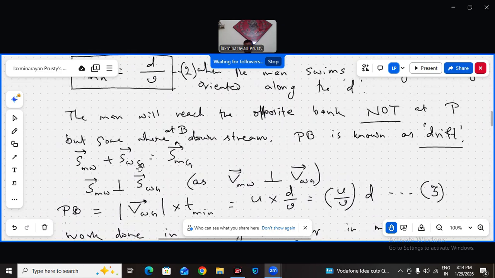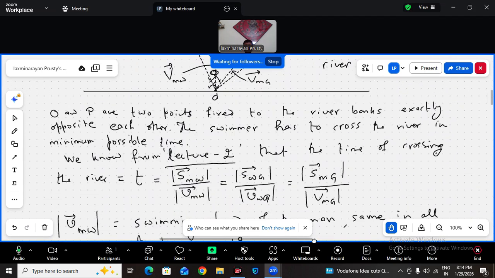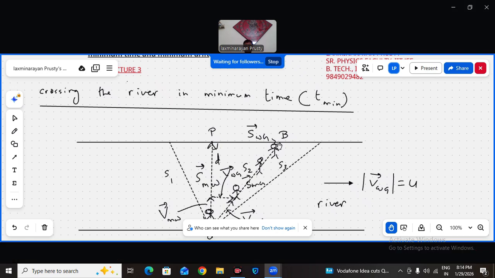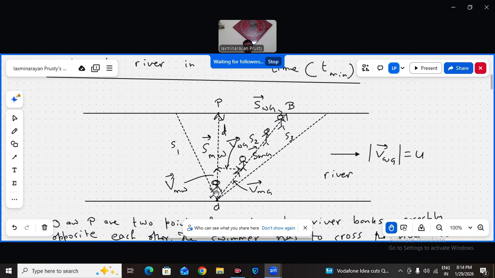SMW bar plus SWG bar, that is SMG bar. And what is perpendicular here? SMW is perpendicular to SWG. You can see this diagram. That means VMW is perpendicular to VWG.